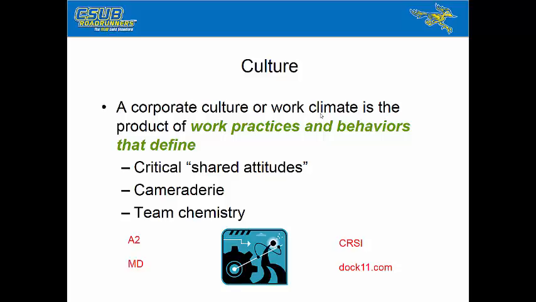In Avenue 2 and Market Driver, the 2 companies that I started myself, Avenue 2 was just me. I had a couple people that I worked with as partners, but it was really a one-man show, and that culture, as it were, was me inside my own head.